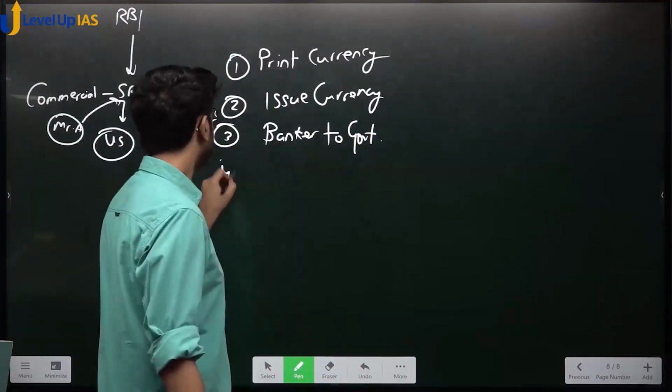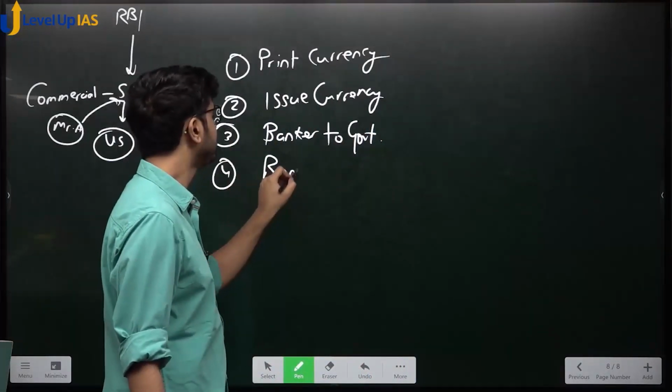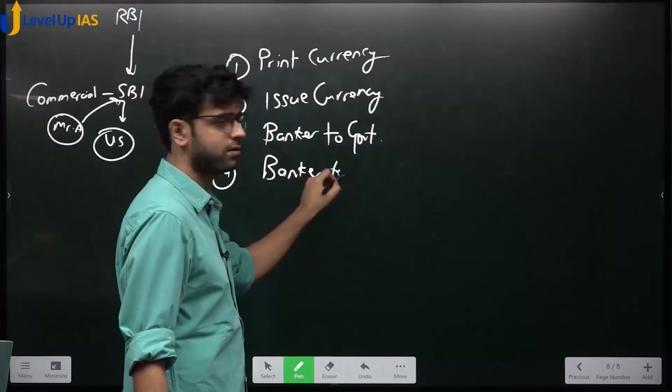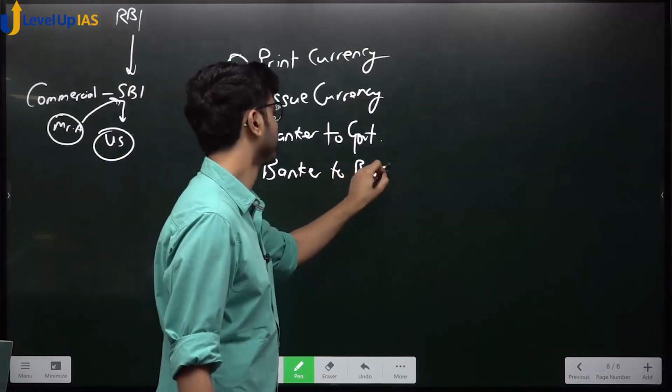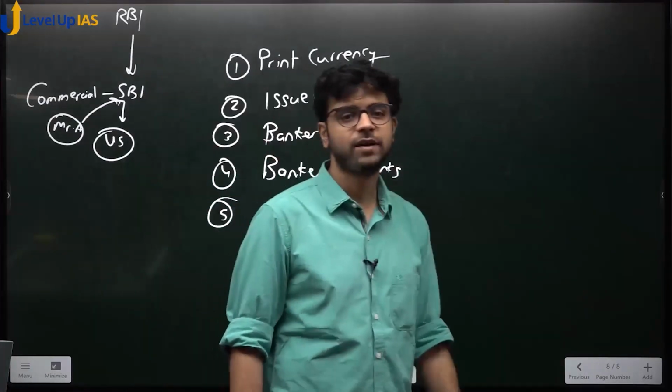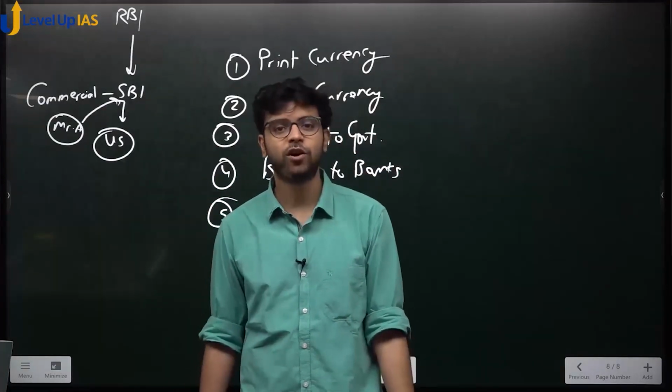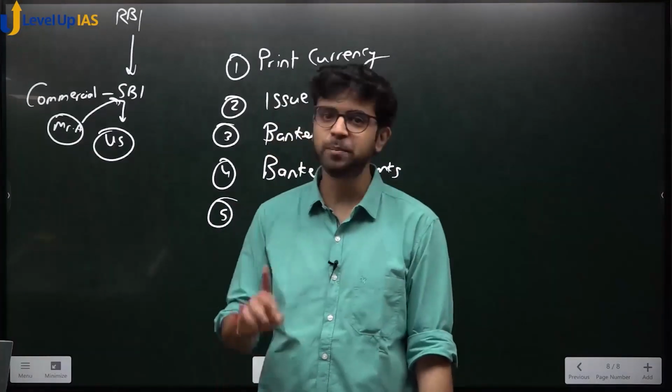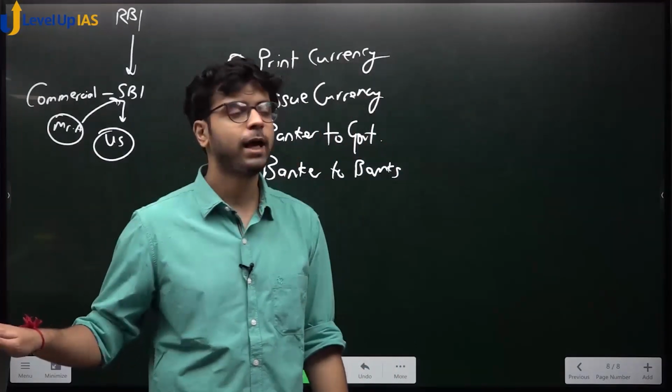Okay? Can I say RBI acts as a banker to banks? When banks are in difficulty, whom will they call? RBI. There is only one parent of banks, which is RBI. Okay?